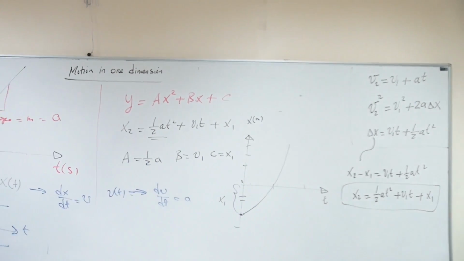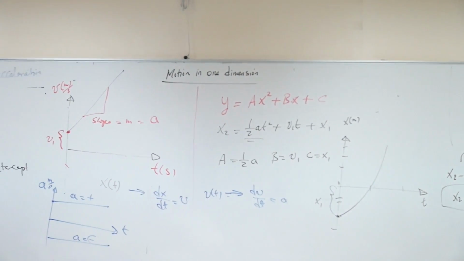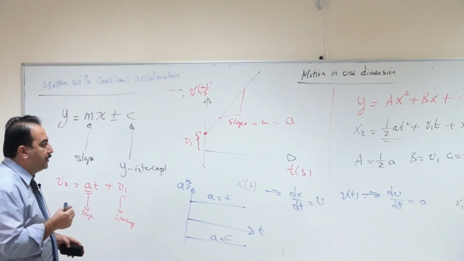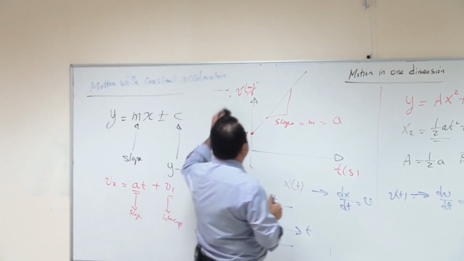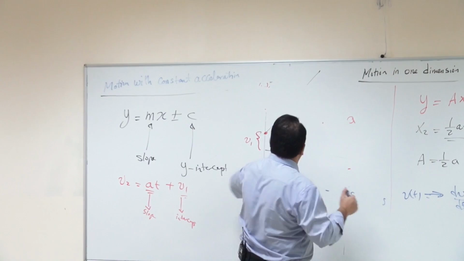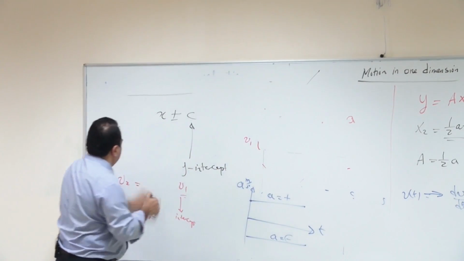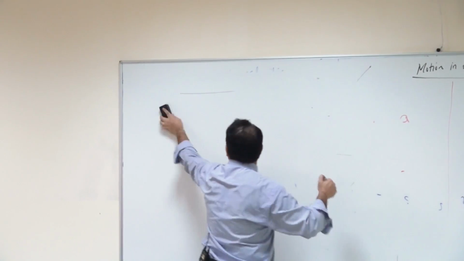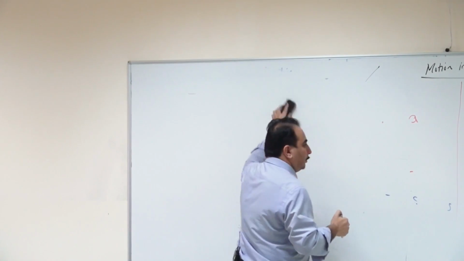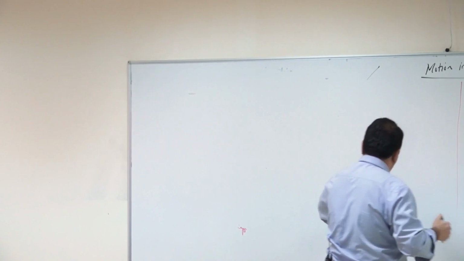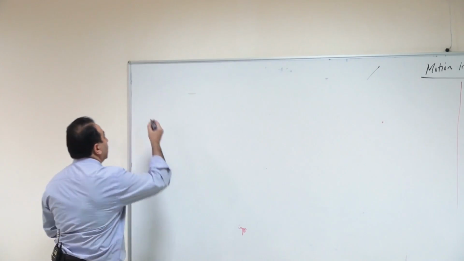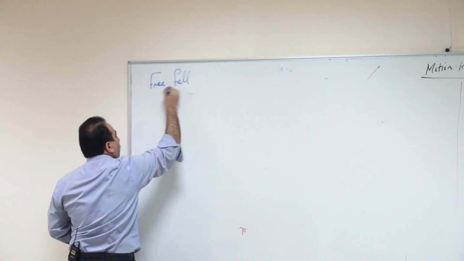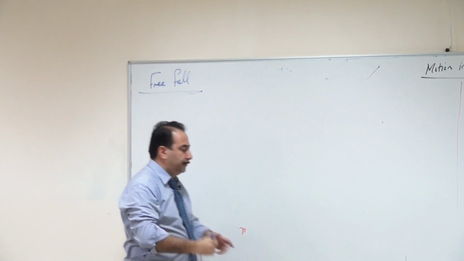Now, since we covered motion with constant acceleration, we need a real example of motion with constant acceleration. So I'll talk about free fall.